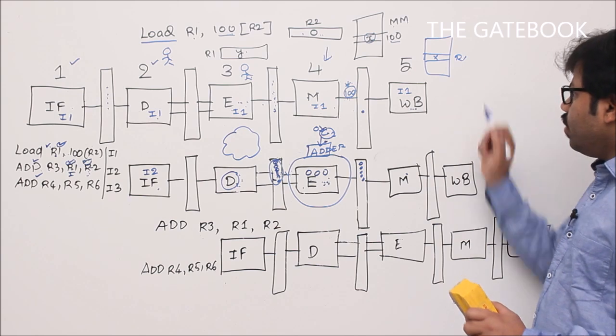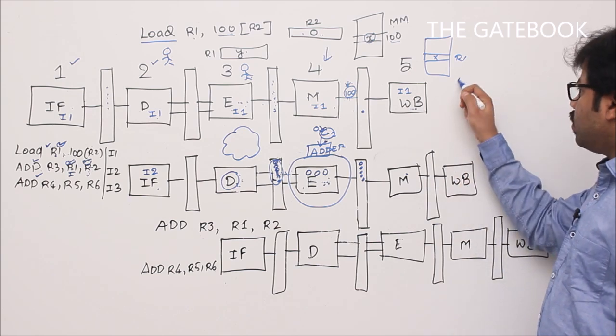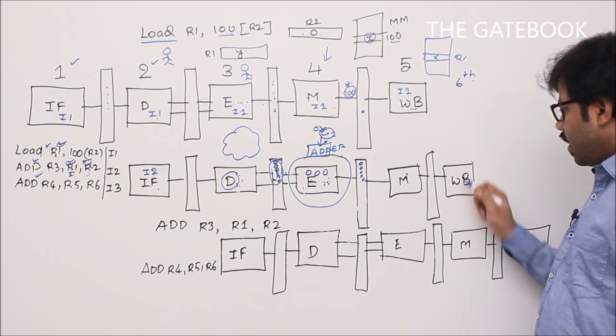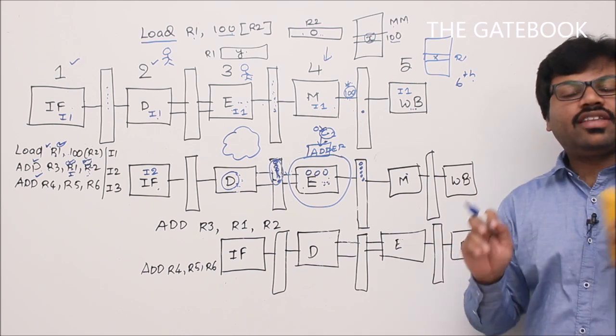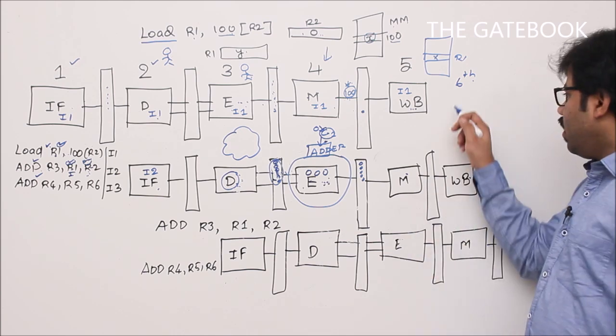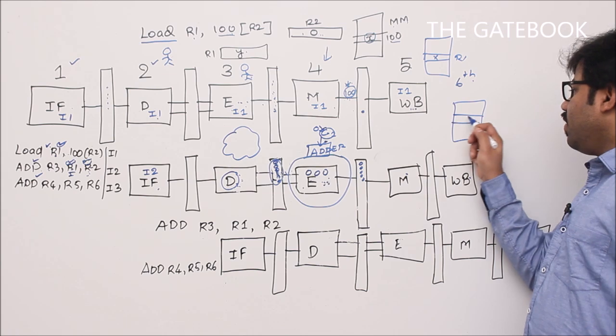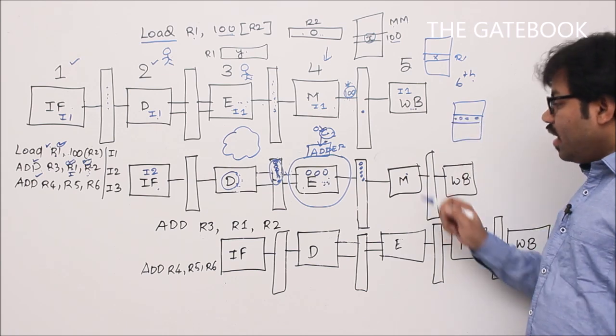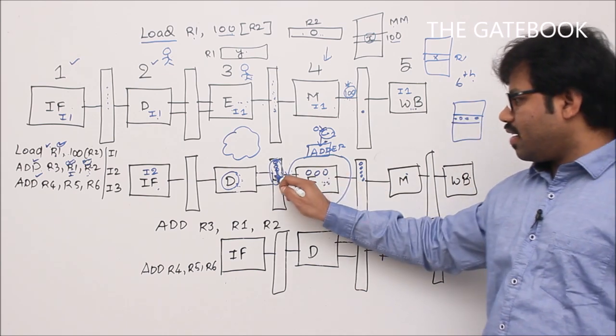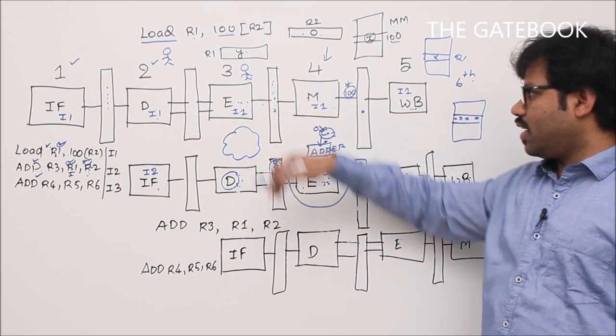Okay. Now if you continue that, in the sixth clock cycle, what happens? In the sixth clock cycle, write back won't get the right signals, so that in the register file nothing will be added, if really proper signals will be sent here. Now come back to third clock cycle.